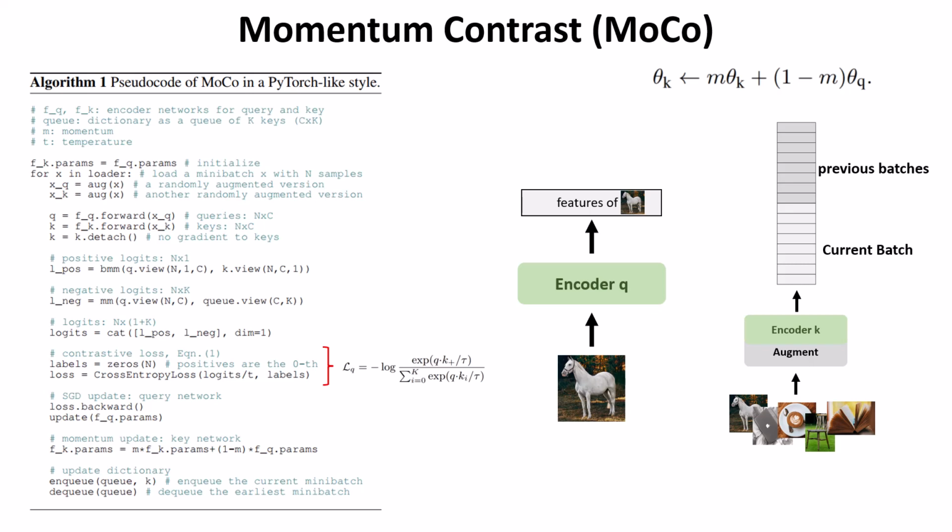But anyway, they do this loss.backward, which updates only the query encoder. But for the key encoder, they say we have this exponential moving average, which is m times the current parameters plus 1 minus m times the parameters of the updated encoder query.